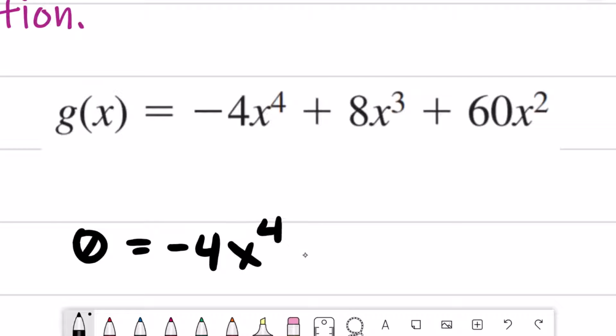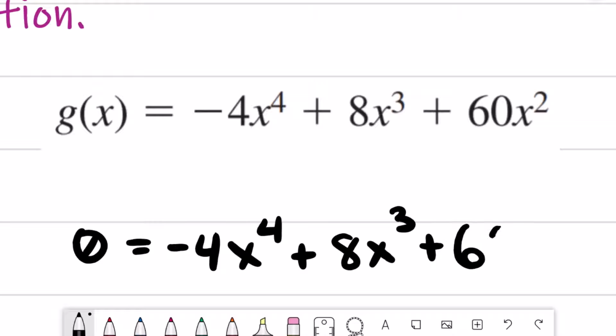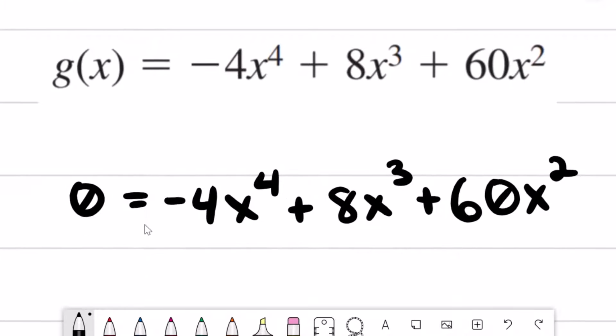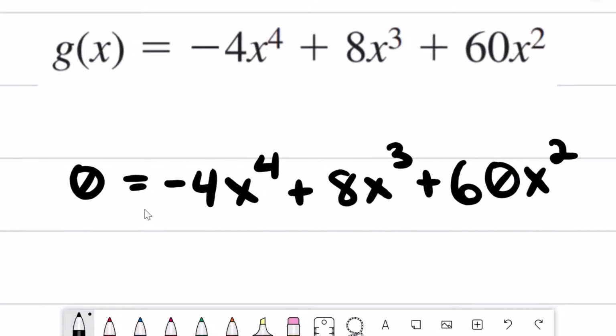So I'm writing it again. Okay, there we go. Now, most students are not used to seeing the 0 on the left side. So just for the purpose of instruction, I'm going to rewrite my function once again, but I'm just going to put the 0 on the right.